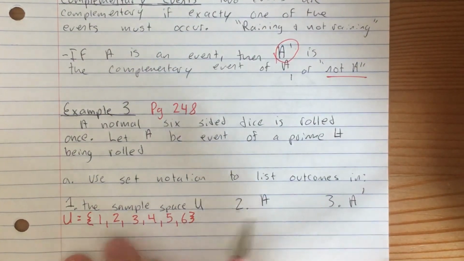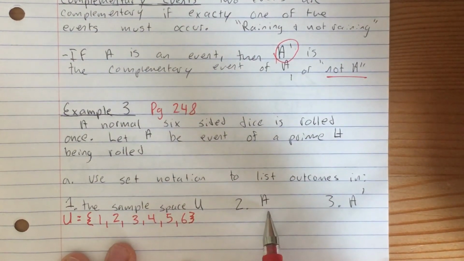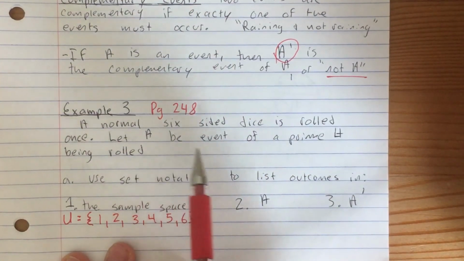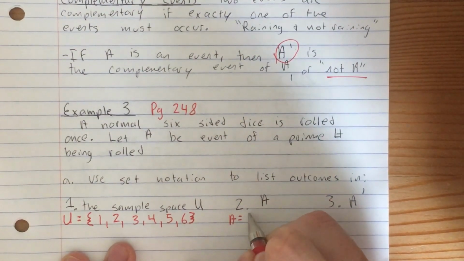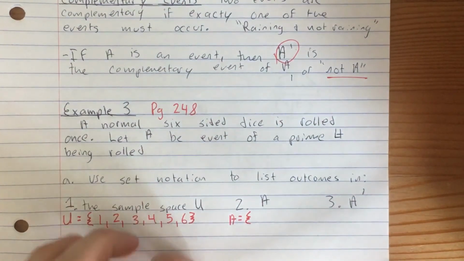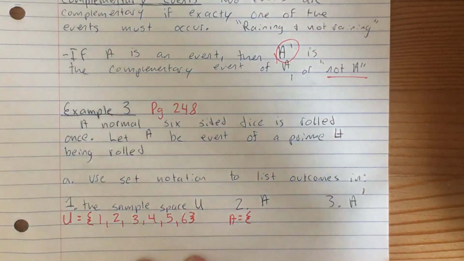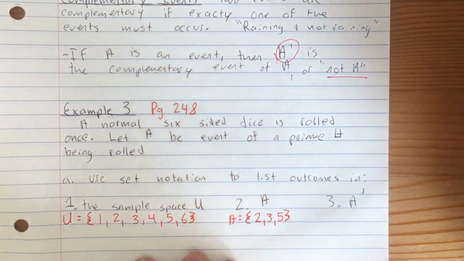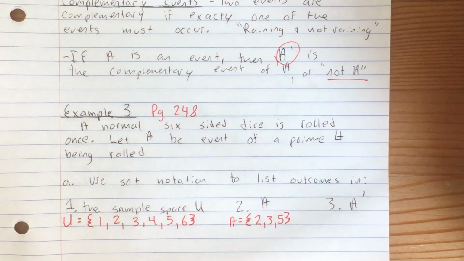And we're going to use this set notation to denote it. So the next thing is A. What is the list of outcomes in A? Well, A is that a prime number is being rolled. So on a dice, what are the possible prime numbers? You could get 2, you could get 3, and you could get 5. There's a temptation to say 1, but 1 is not a prime number.